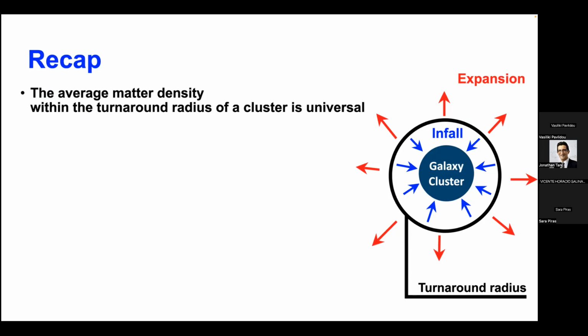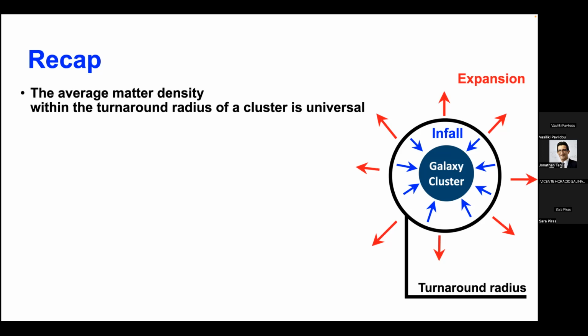So what about that turnaround density? The average matter density within that turnaround radius, which is the turnaround density, is universal. So it is a quantity that is the same for all clusters at a given redshift, given the cosmology, independently of their mass or their assembly history. Right?